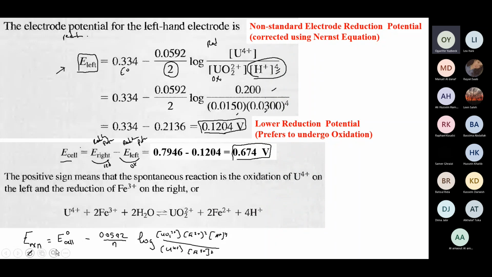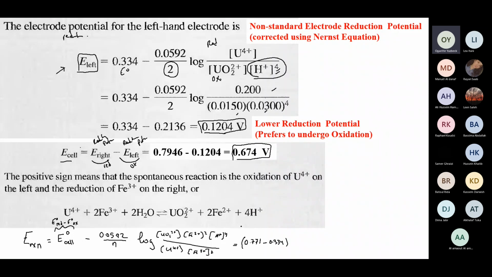And guess what? E of the cell is E naught reduction minus E naught oxidation. So I'm going to substitute. What's the original E naught of the reduction? 0.771 if I recall? Minus 0.334.